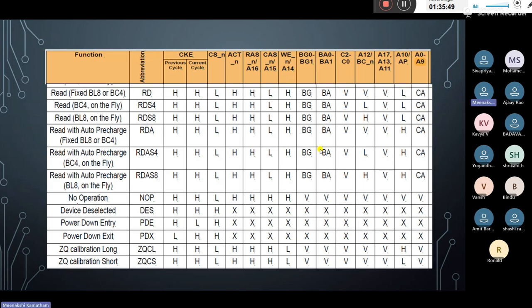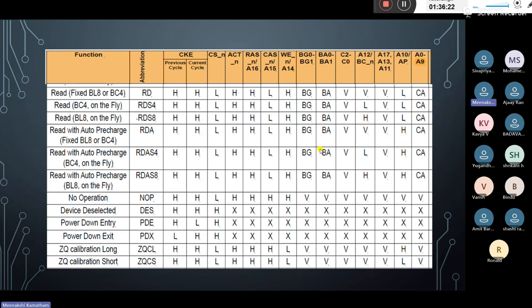And coming to no operation mode, here we are not doing any operation, so no operation mode is activated automatically. Read with auto precharge, burst chop. See here burst of 4 on the fly. At that time CS_N is low, ACT_N is high, RAS is high, CAS is low, write enable is high, bank group and bank address selected, and see here BC_N, burst chop N, is low.